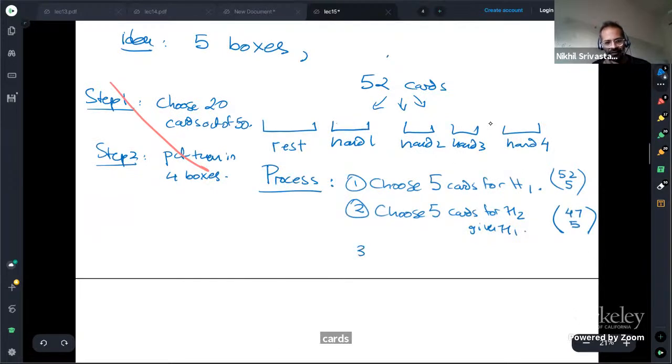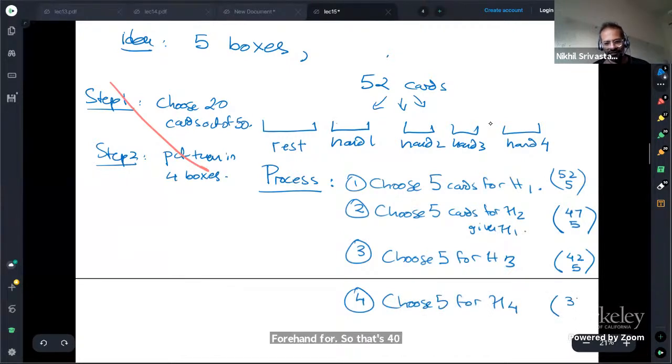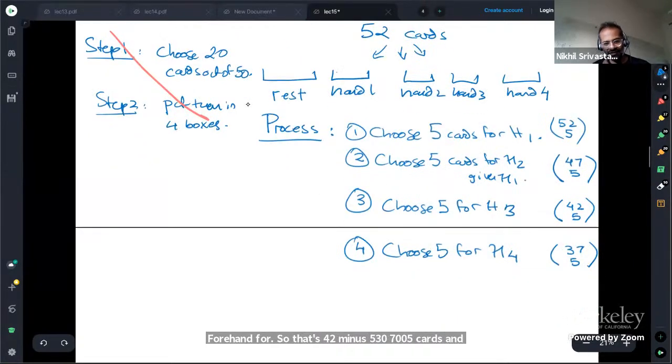And then next you're going to choose 5 for hand 3. That's going to be 42 choose 5 cards. And then next you're going to choose 5 for hand 4. So that's 42 minus 5, that's 37, choose 5 cards. And then finally, you've got to choose the rest, right? And this is why I did it in this order.